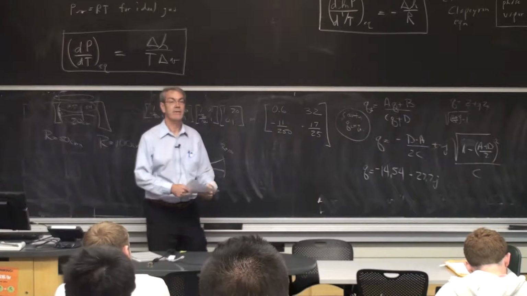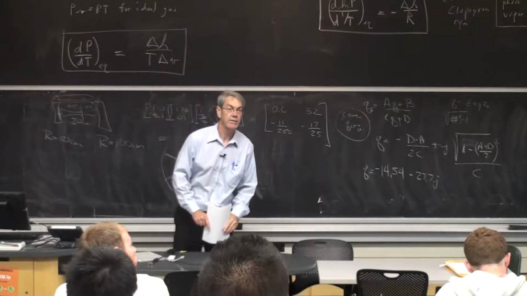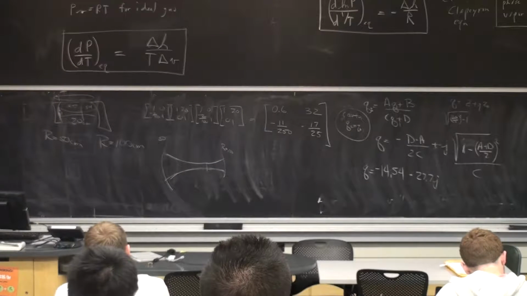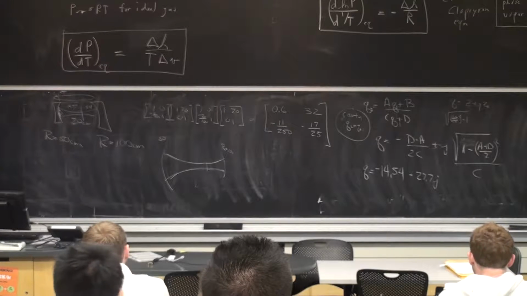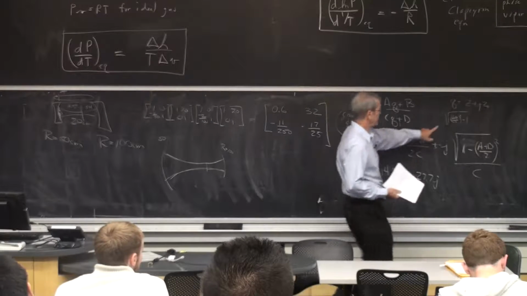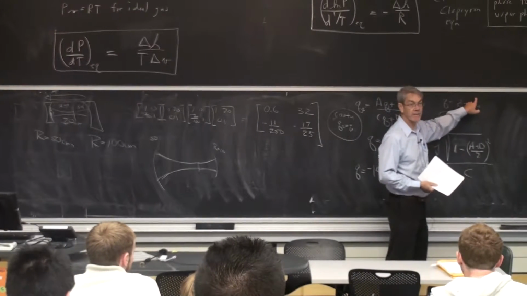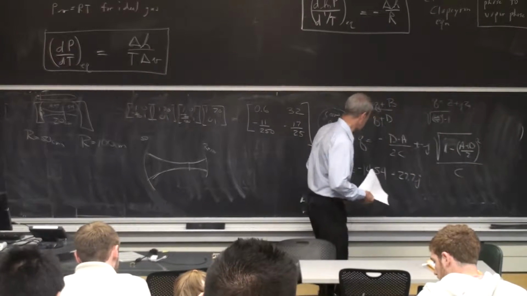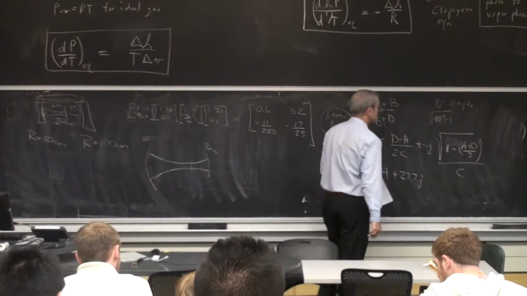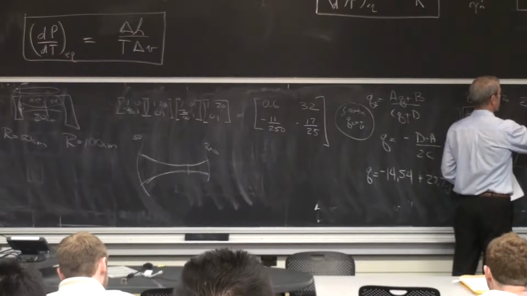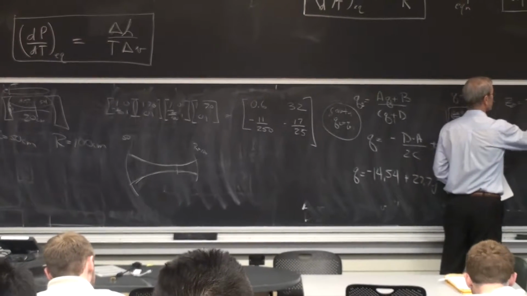So does the imaginary component come into play? Well, that would be my next question. I might say, okay, I found the waist. How big is the waist? Well, I know the waist is incorporated into the Z naught, and I know Z naught is 27.7. Knowing that, I know Z naught equals pi omega naught squared over lambda.